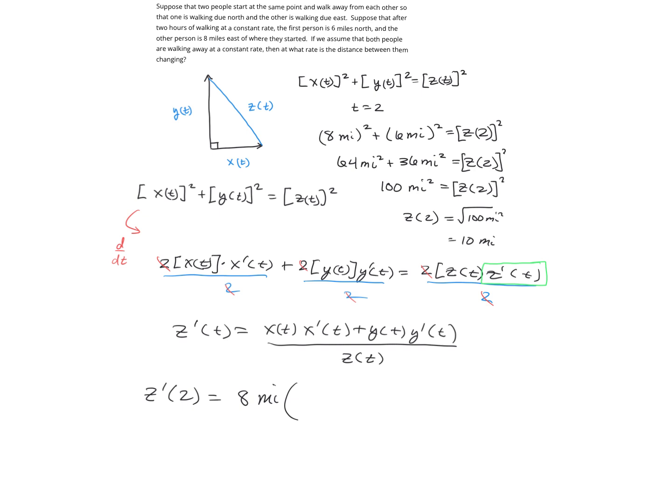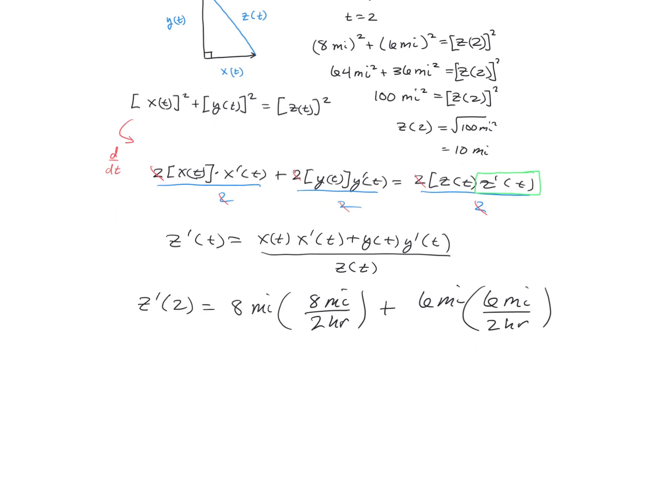And again, we're assuming everything is constant here. So this is going to be our 8 miles over a 2-hour period. We'll do the same thing for the distance walking north. So we know that we walked 6 miles north over a period of 2 hours. And then we just calculated a few minutes ago that z of 2 is 10 miles.